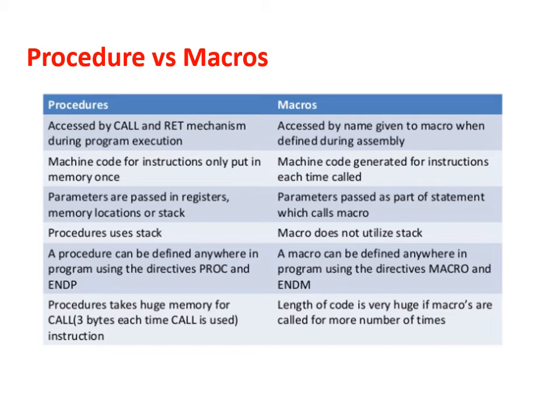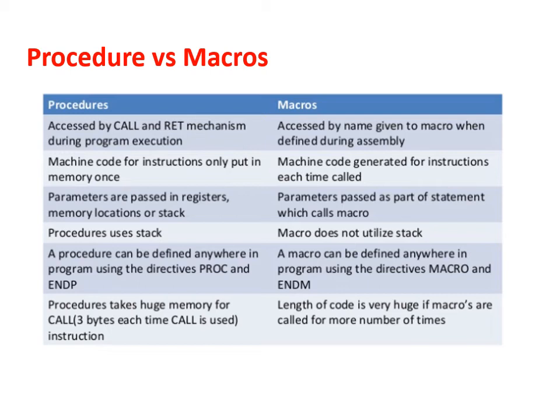A procedure can be defined anywhere in the program using the directives PROC and endp. A macro also can be defined anywhere in the program using the directives macro and endm. Procedures take huge memory for call, and the length of the code for a macro is very huge if macros are called many times.